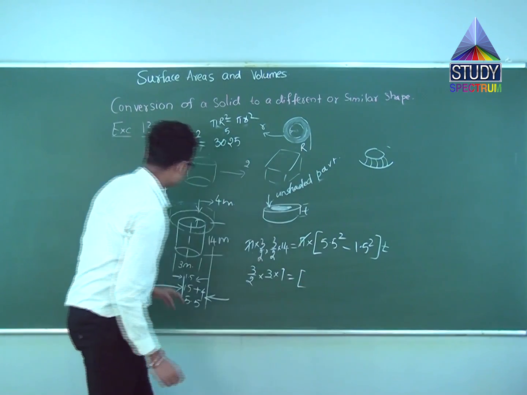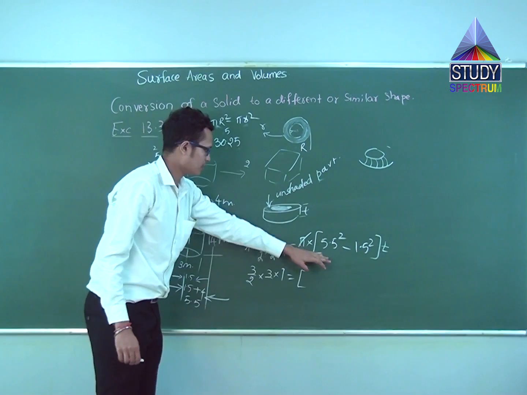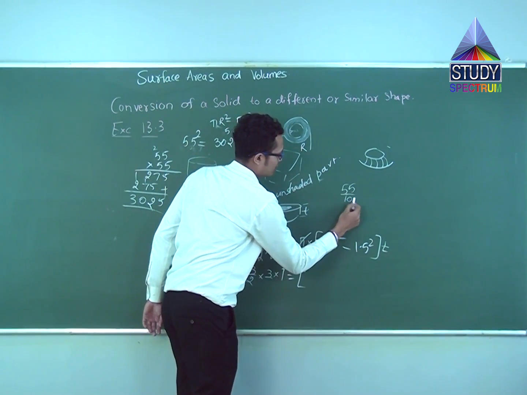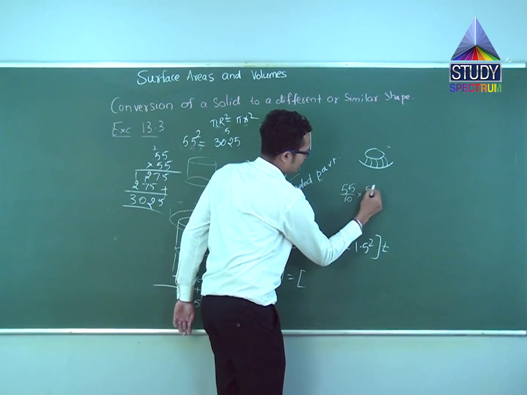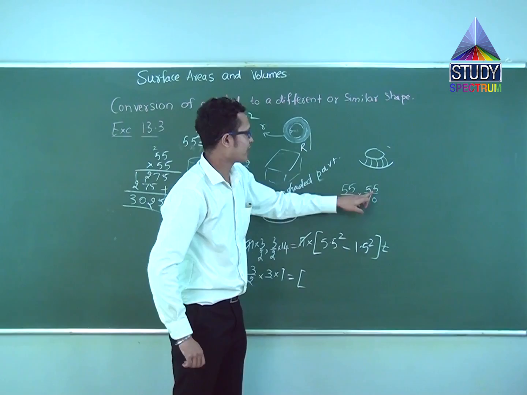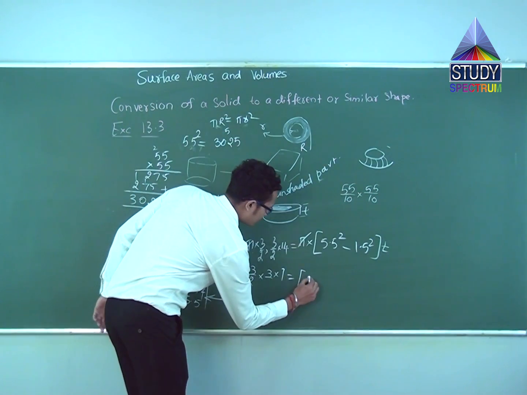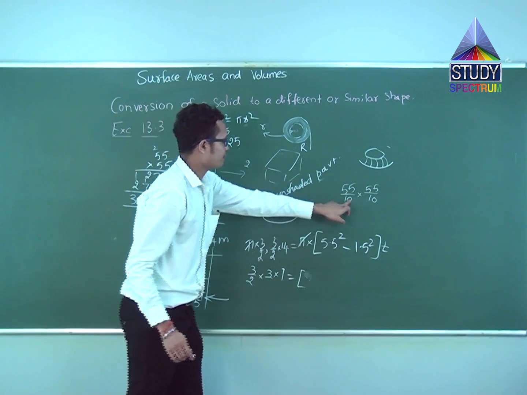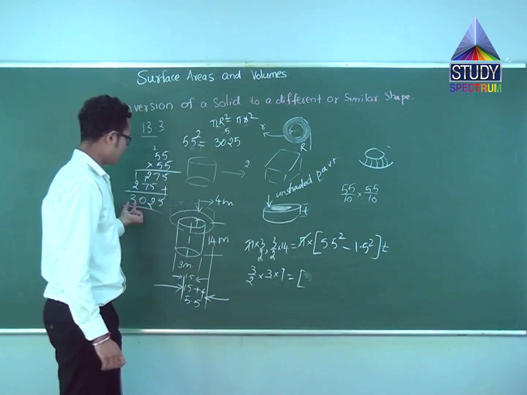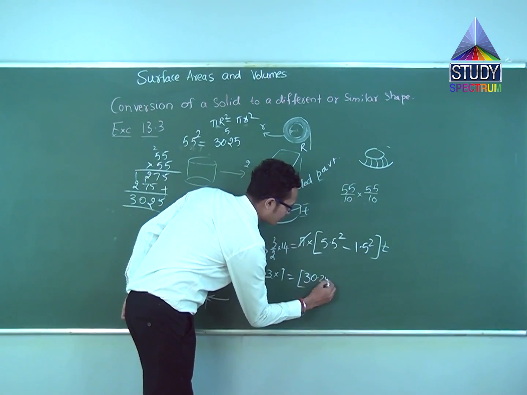Since there is a decimal point here, 5.5 into 5.5 can be written as 55 by 10 into 55 by 10. So after placing the point two digits from the right, this is 30.25.